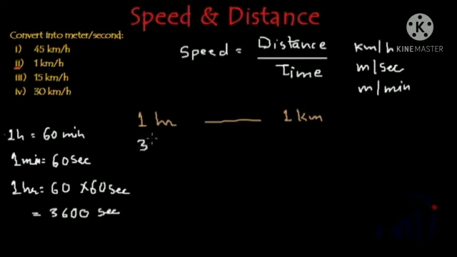So in 3600 seconds, he covers 1 kilometer. And what is 1 kilometer? Yes, 1 kilometer is equal to 1000 meters. That means in 3600 seconds, he is covering 1000 meters.